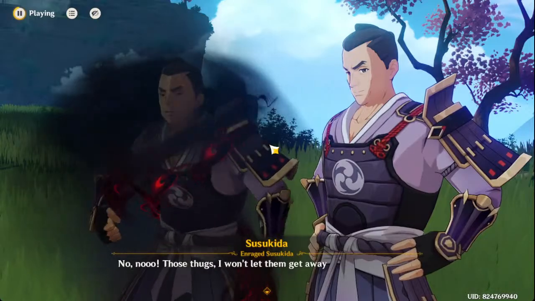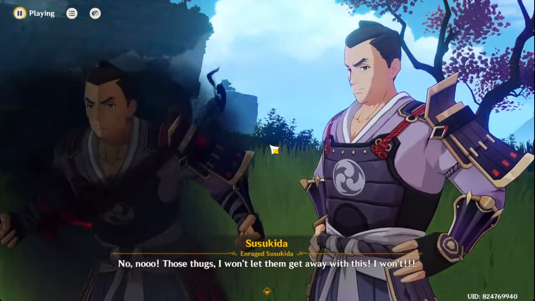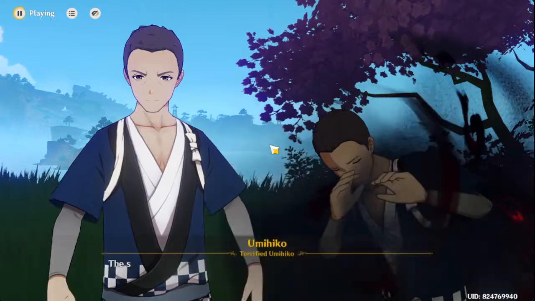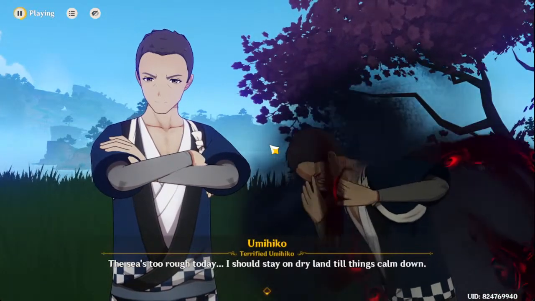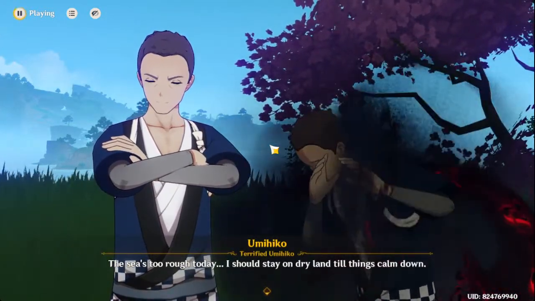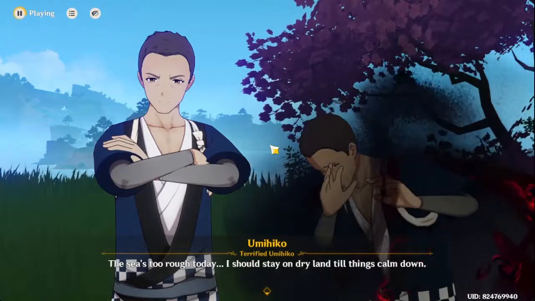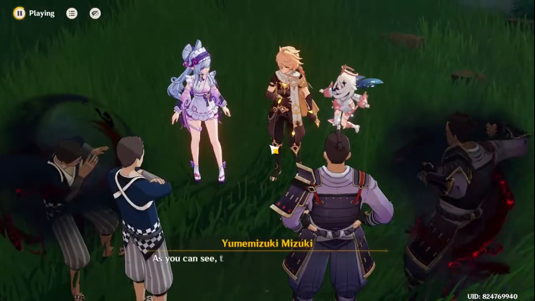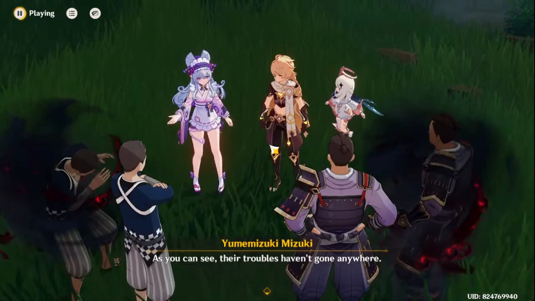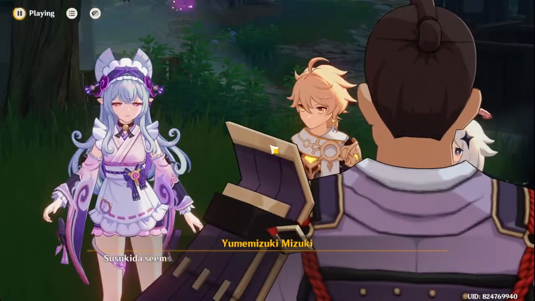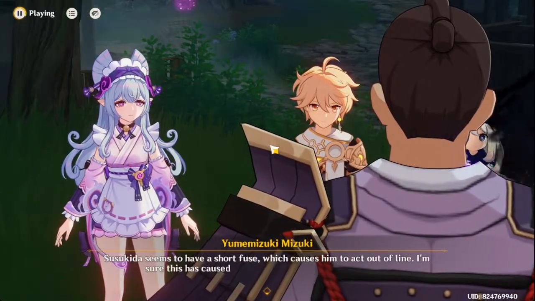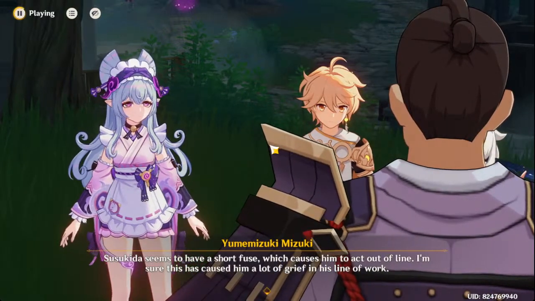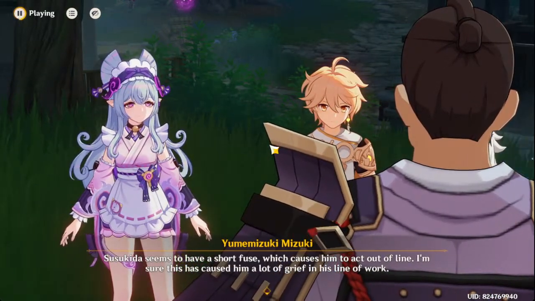No! No! Those thugs! I won't let them get away with this! I won't! The sea is too rough today. I should stay on dry land till things calm down. Huh? As you can see, their troubles haven't gone anywhere. Susukida seems to have a short fuse, which causes him to act out of line. I'm sure this has caused him a lot of grief in his line of work.